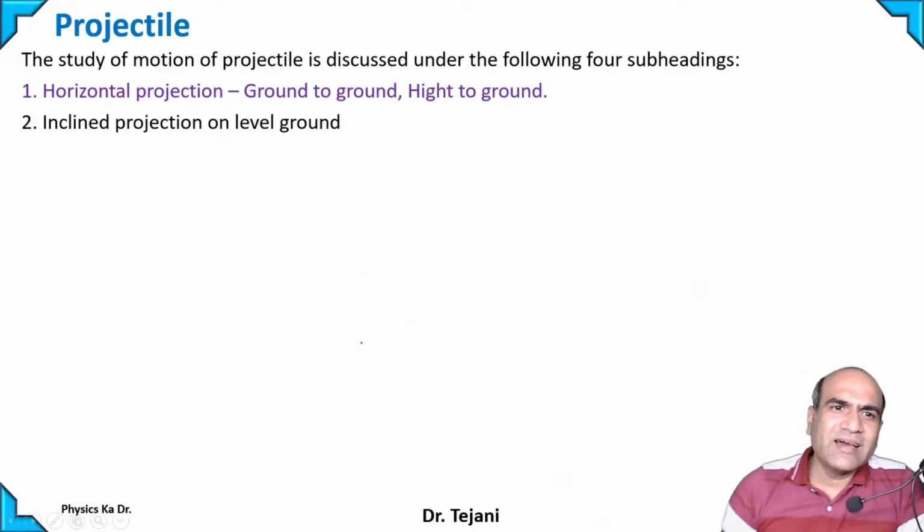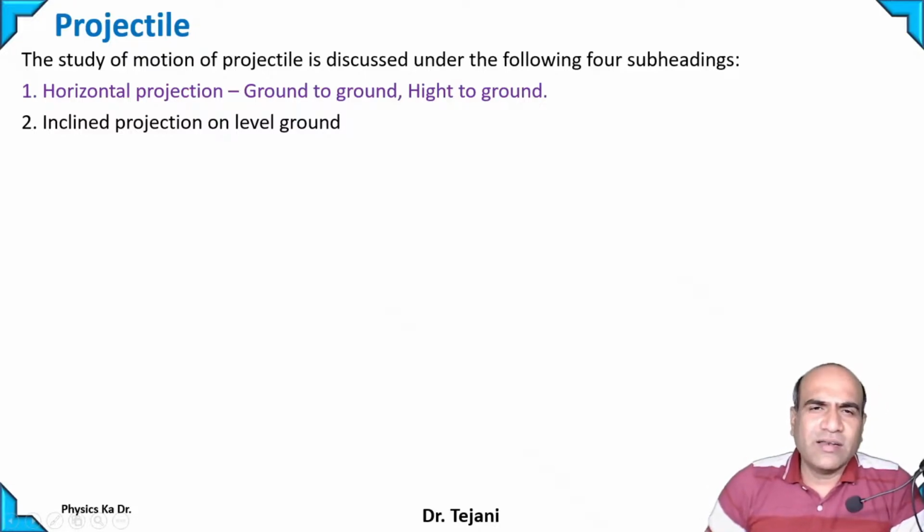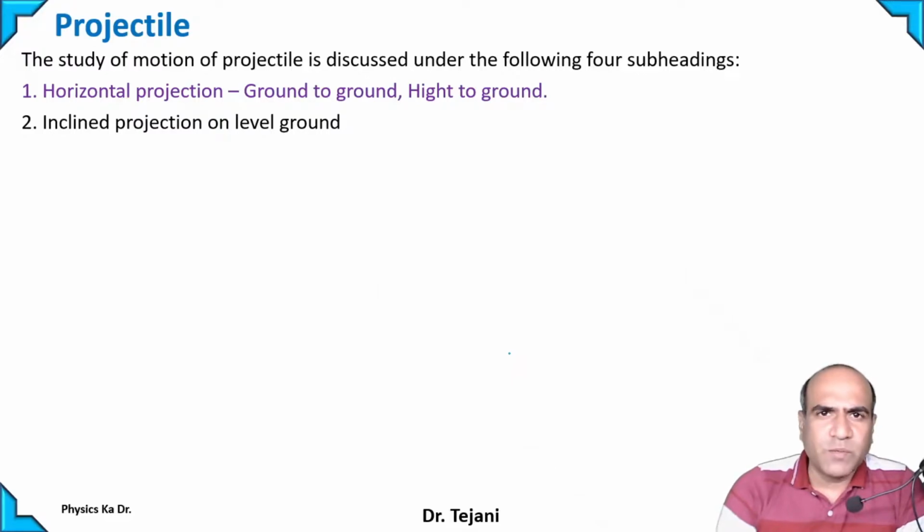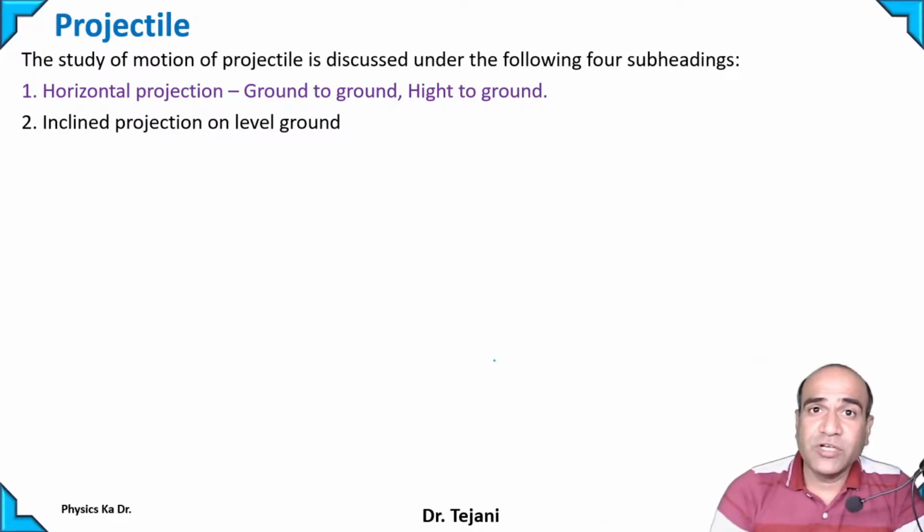Then next is inclined projection on a level ground. So in the third part of the projectile, we'll be talking about inclined projection on the level ground. In this session, we will be focusing on ground to ground, or you can say level ground, horizontal projection.